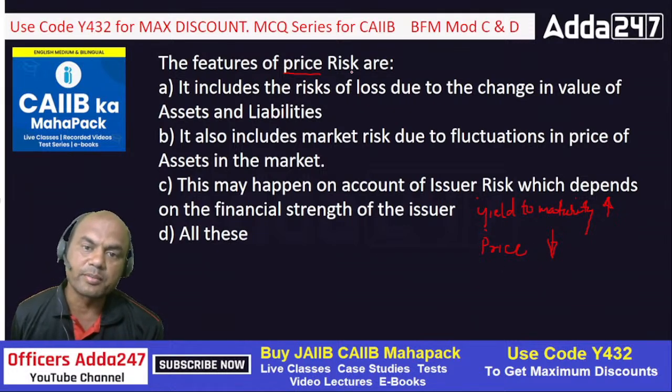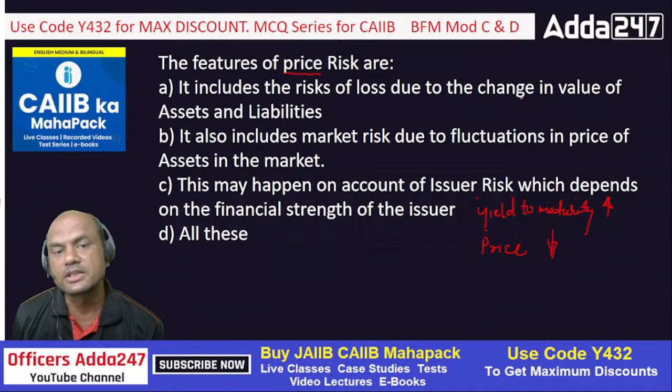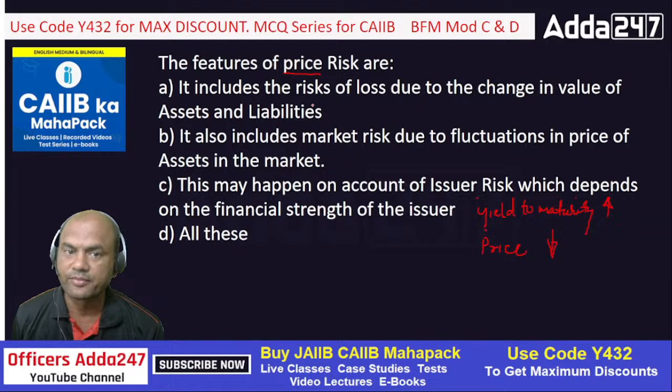So the features of the price risk are, it includes the risk of loss due to change in the value of assets and liabilities. I want the answer from you now. It also includes market risk due to fluctuations in the price of the assets in the market. This may happen on account of issuer risk, which depends upon the financial strength of the issuer. And all of these.